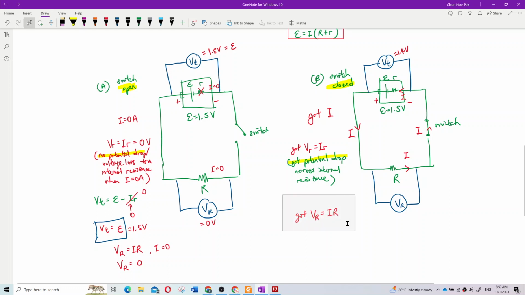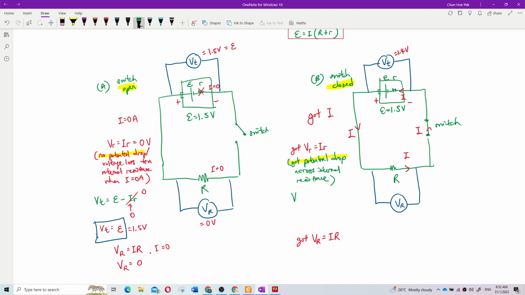So this one goes below. So I can say that the terminal voltage is equal to E minus Ir. E minus Ir. So there is current, right?